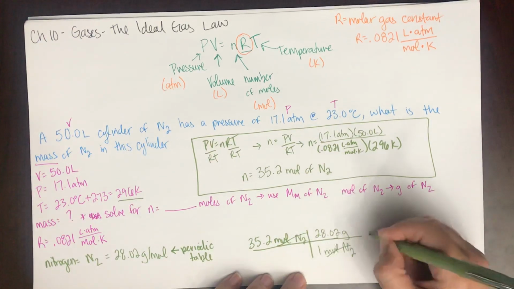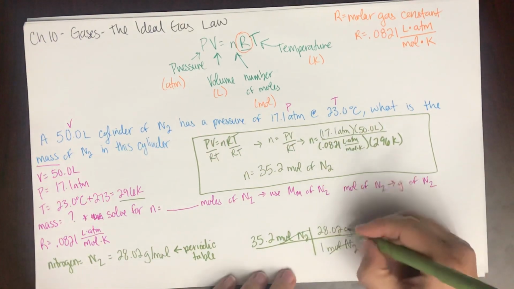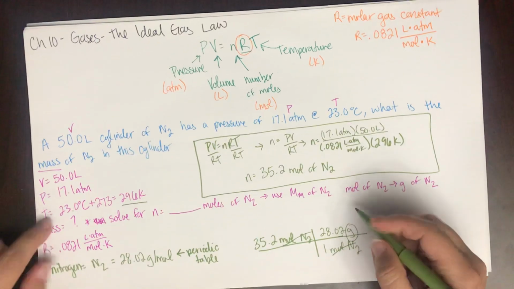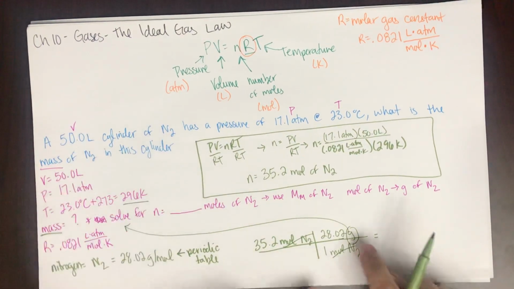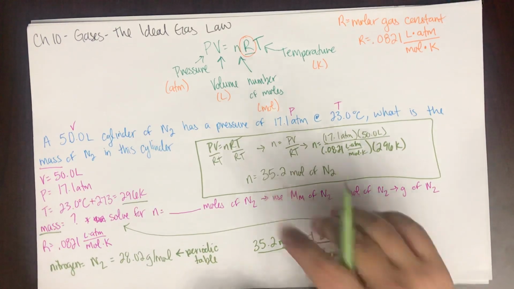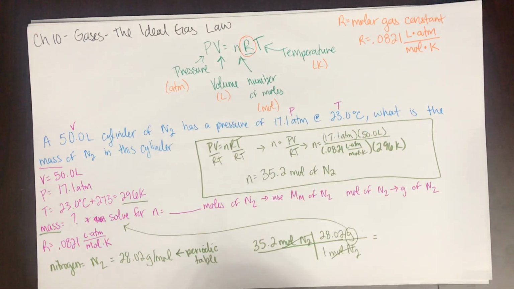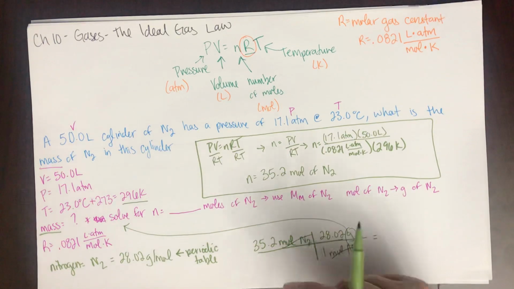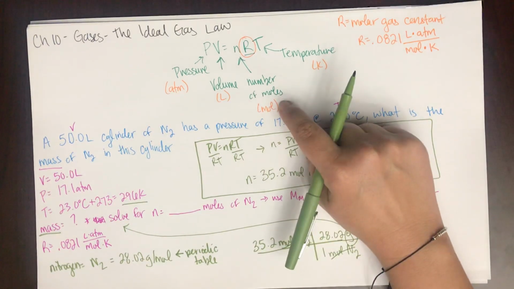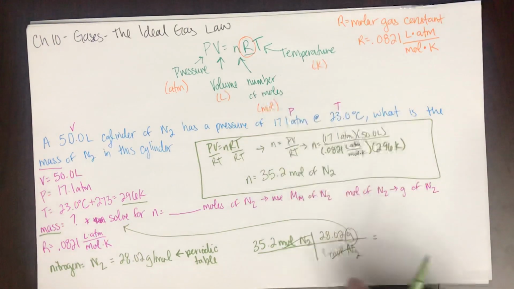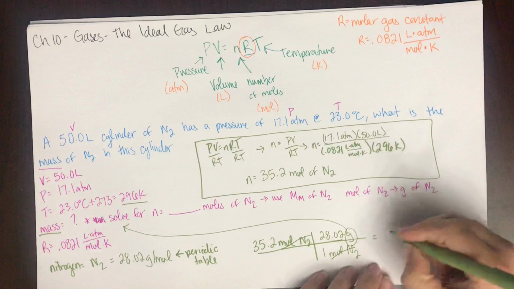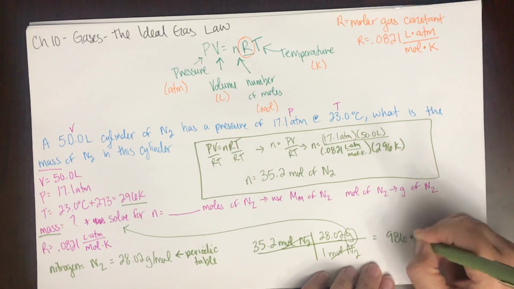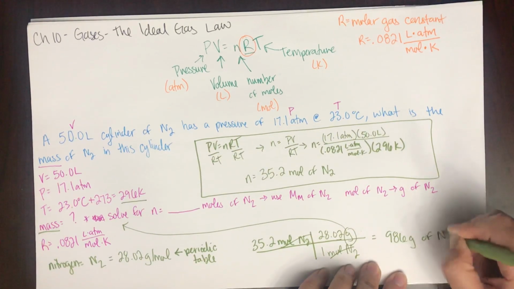Moles of nitrogen will cancel, and now my answer is going to be left in grams, which is what I want because this question asked for mass in grams. And even though we don't have an equation to go directly to mass, we know that if we can solve for moles, we can use the molar mass to solve for grams. So when you do this with 3 significant figures, you should have something like 986 grams of nitrogen.